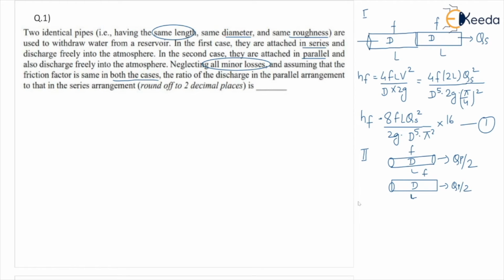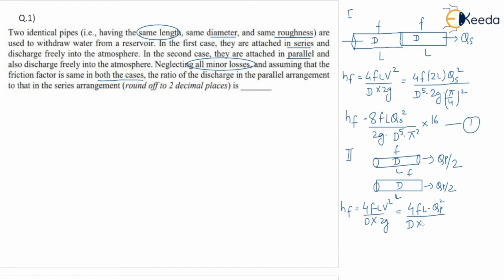So how to find head loss? HF equal to, the formula is the same, 4FL V square by D into 2G. So here I will write 4FL, and V square is Q by A squared, so QP square.